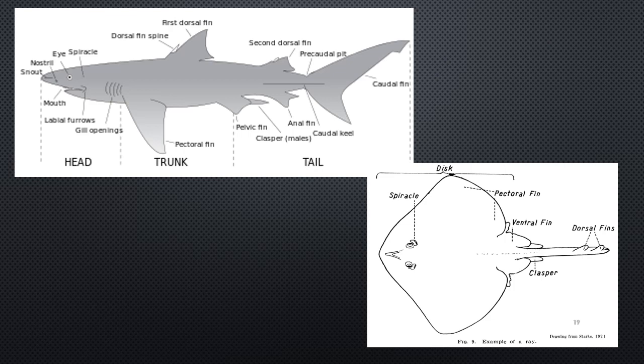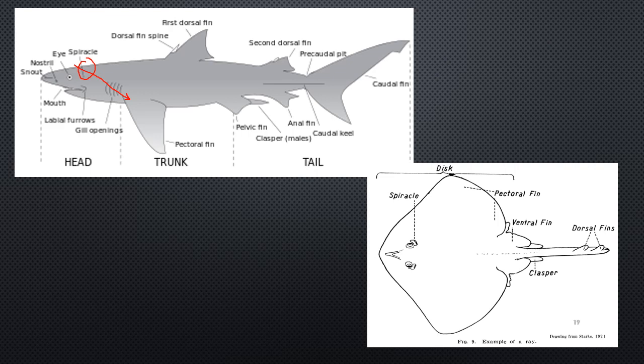Okay, let's take a look at the body of our Chondrichthyes and what the different fins are used for. So easiest thing, let's start with our shark. So we talked about our spiracles being behind the eyes so that water can pass over the gills when they're in more of a resting state, so that's super important.